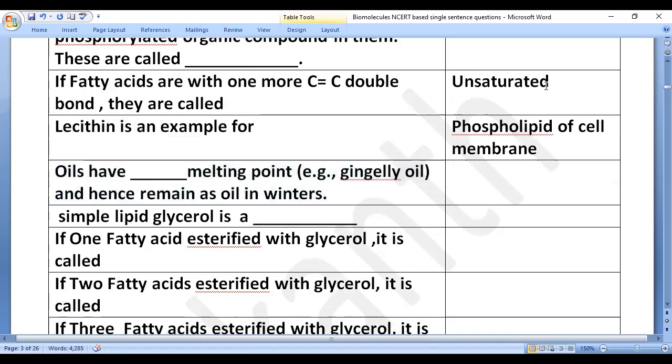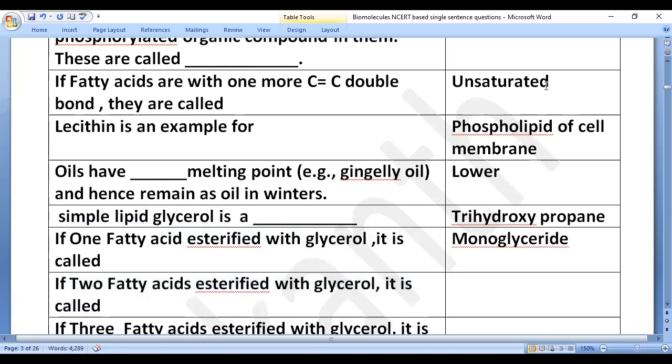Oils have a low melting point. Gingerly oil and similar oils remain as oil in winter. Oils have a lower melting point. Simple lipid glycerol is trihydroxypropane. If one fatty acid is esterified with glycerol, it is called monoglyceride.